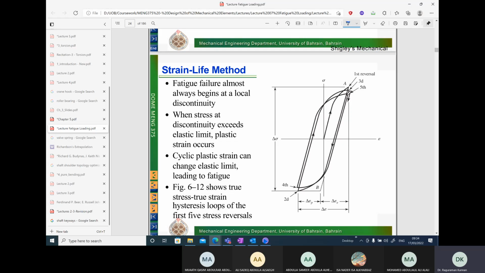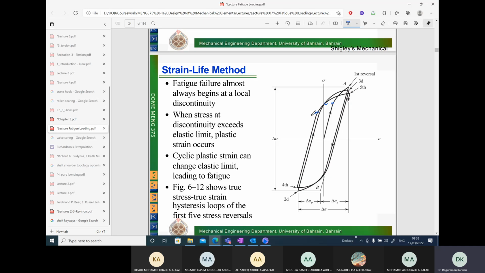So this is a strain softening material. Why do you call it a softening material? Because the yield point keeps going down. You can see here at a later stage yield point is here. In the first stage yield point is here. In the second stage the yield point has come here in this curve, and in the third curve yield point is here.